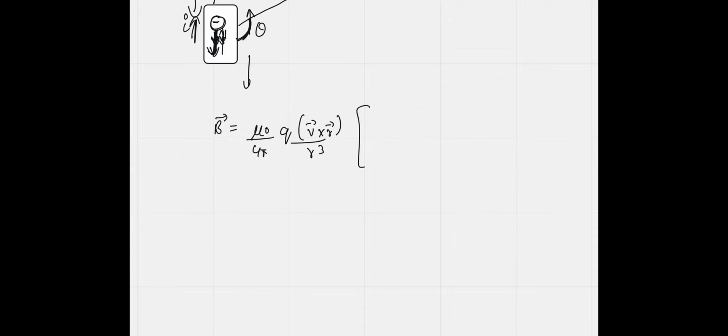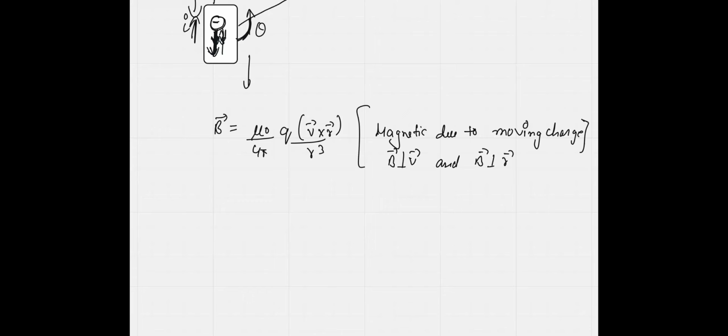Which formula is this? Magnetic field due to moving charge. Things to be noted: B is perpendicular to V and B is perpendicular to R. This is the key thing to be noted.